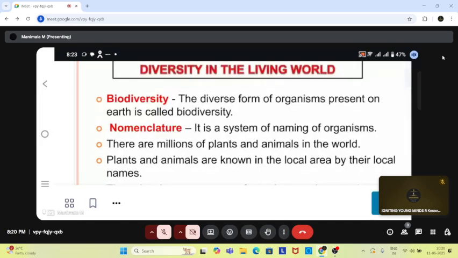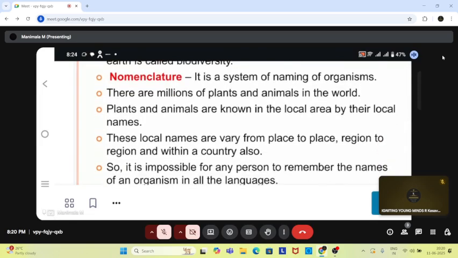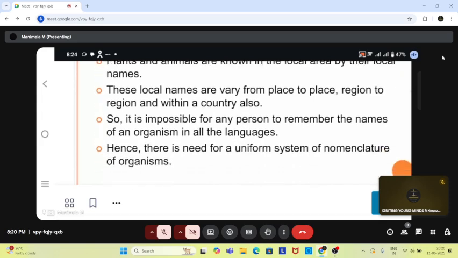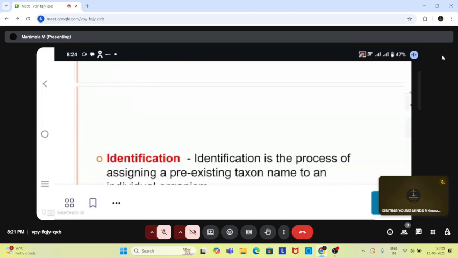There are millions of plants and animals in the world, known in local areas by local names. These local names vary from place to place, region to region, even within a country. So it is impossible for any person to remember the names of organisms in every language, hence there is a need for a standardized or uniform system of nomenclature of organisms. Any doubt in this?